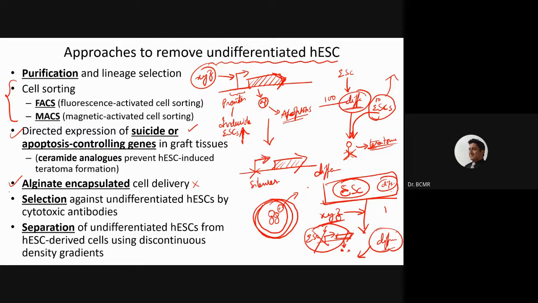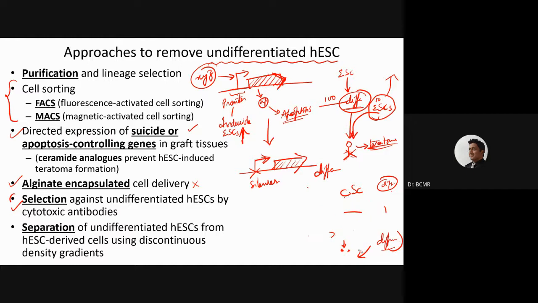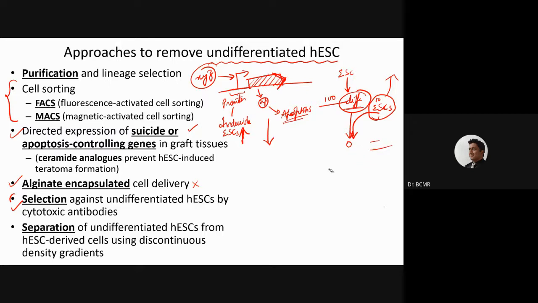So there is another way of trying to select, that is selection using antibodies. I'll erase some so that we will be able to understand what I wanted to say. If you're reading immunology or cell biology, you know that cells have cell surface markers.